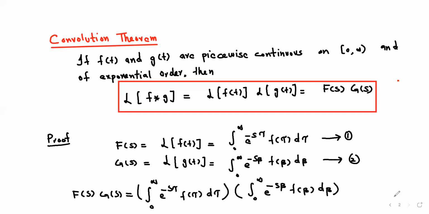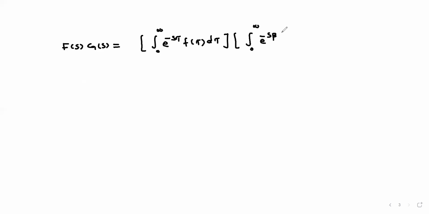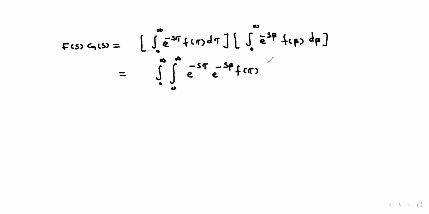Students, now we multiply these two integrals. I can multiply these two and get a double integral from 0 to infinity and again 0 to infinity of e raised to power minus s tau, e raised to power minus s beta, f of tau, g of beta, d tau, d beta.